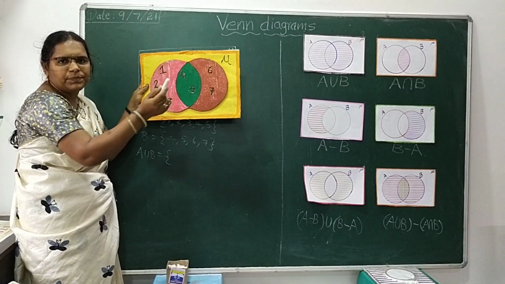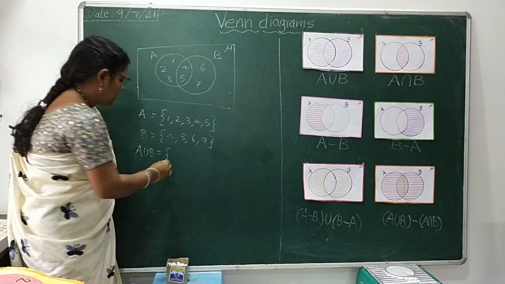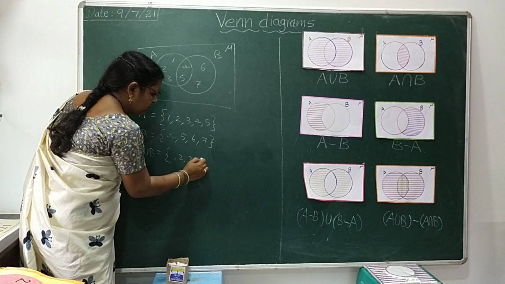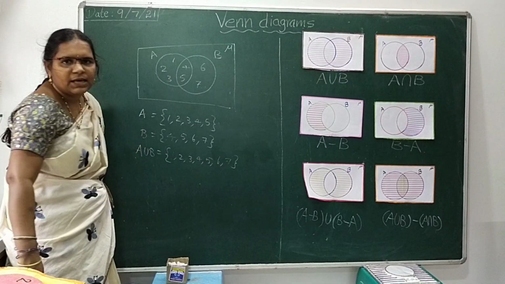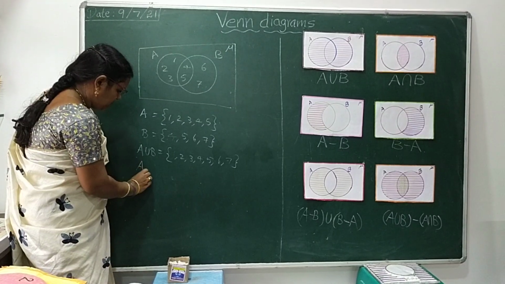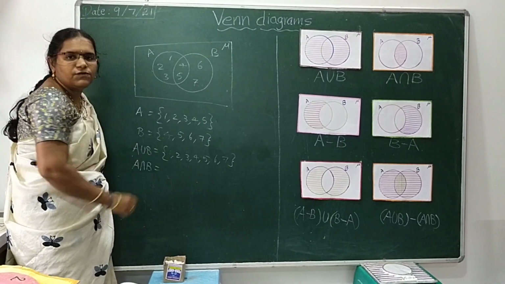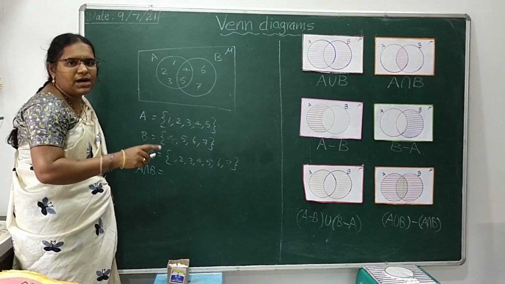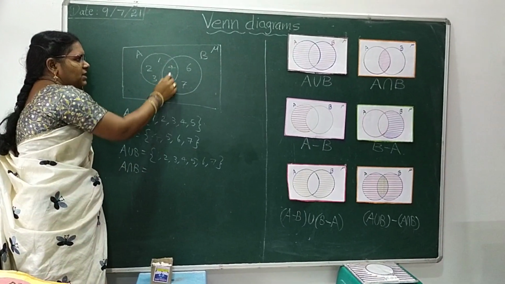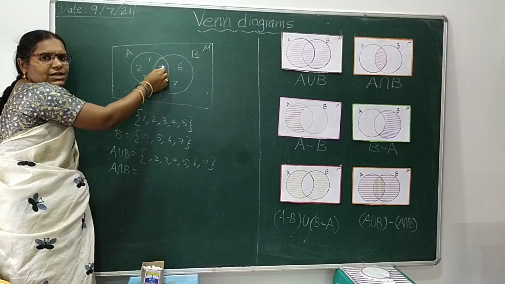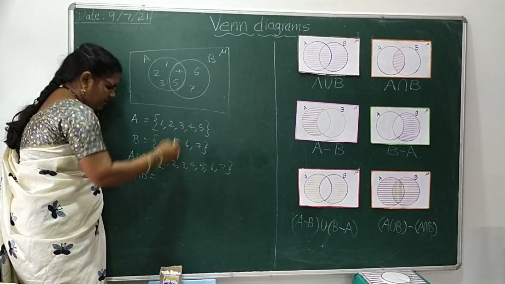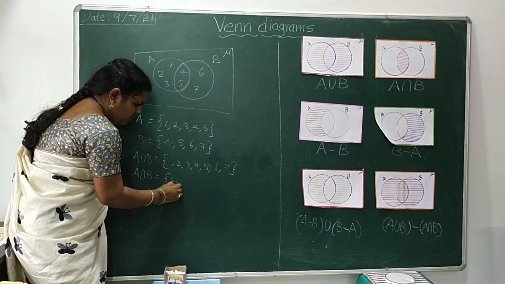All will come, once. Next, A intersection B. Which portion? The second part, the intersection part of the two circles. What are the elements in that? 4, 5.